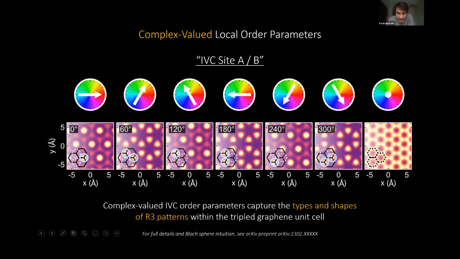They're all site A or site B polarized, depending on which one we've chosen, but they're peaked at different high symmetry points in the new Kekulé unit cell. So again, 0, 120, and 240 all look very similar, but they're peaked at different A sublattices within the new tripled unit cell. This gives us all of the intuition that we need.